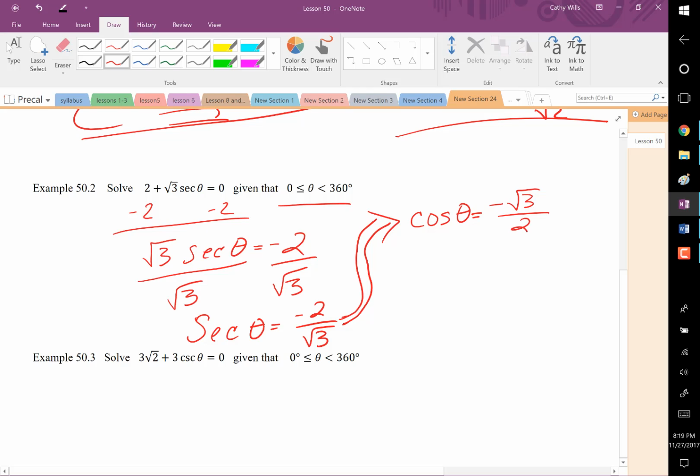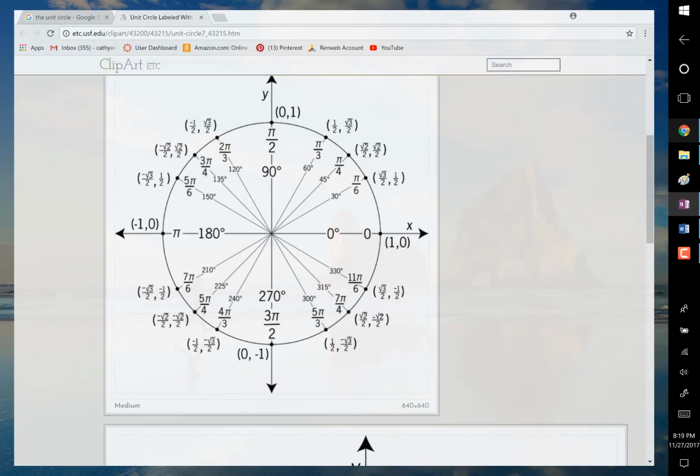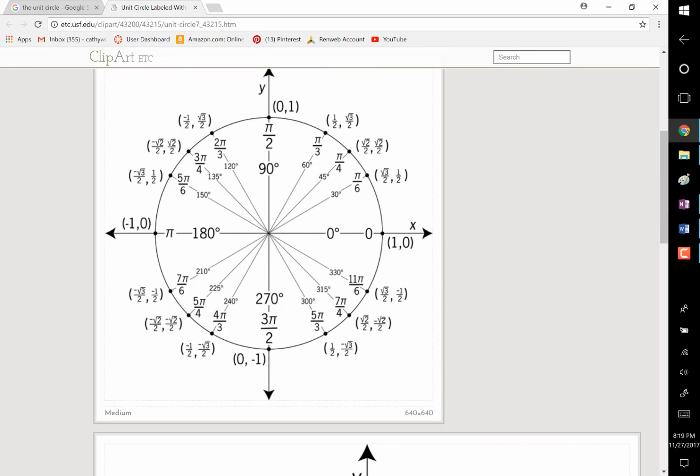All right, so what angles have a cosine of negative square root of 3 over 2? Well, let's look at the unit circle. That's going to happen right here at 150 degrees, and it's also going to happen at 210 degrees. That's where I have a cosine of negative square root of 3 over 2.